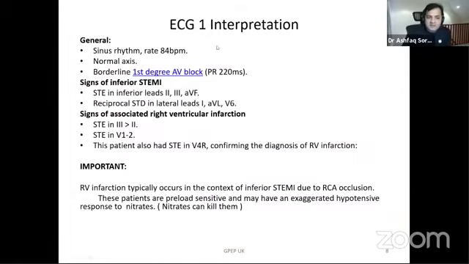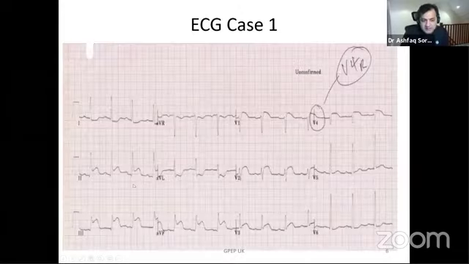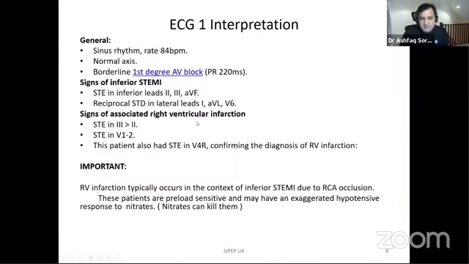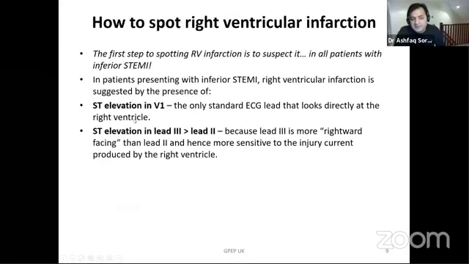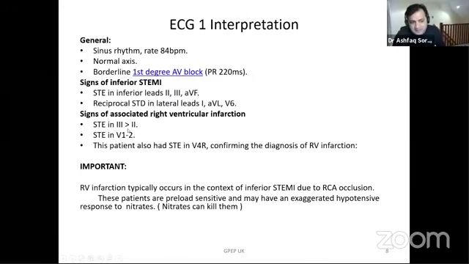Now, अगर आप ECG देखें तो rhythm sinus था, normal axis थी, maybe borderline AV block था, signs of inferior STMI थे, lead 2-3 AVF में, और इसके reciprocal changes थे, या सब यही था ना. लेकिन राइट वेंट्रिकुलर इन्फार्क्ट जो था वो आप सबने मिस किया. कैसे मिस किया कि अगर आपने ये पिक कर लिया होता कि ST elevation in lead 3 is more than 2 and ST elevation in lead V1 and V2.